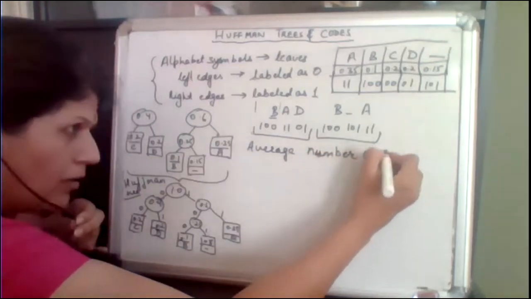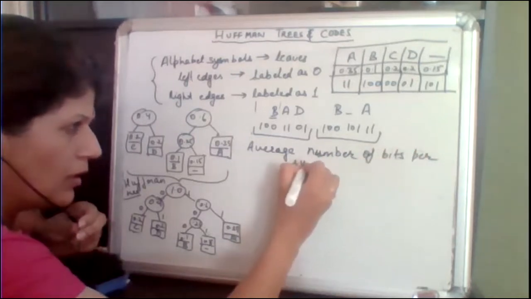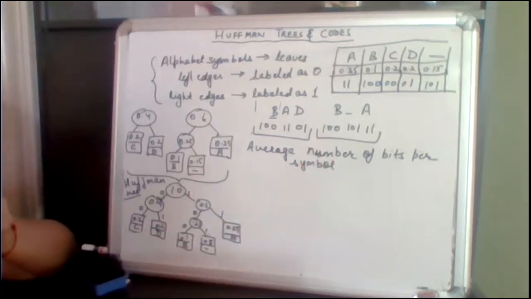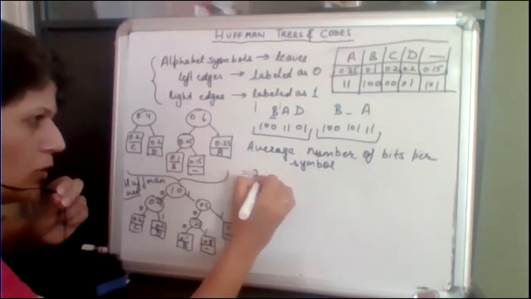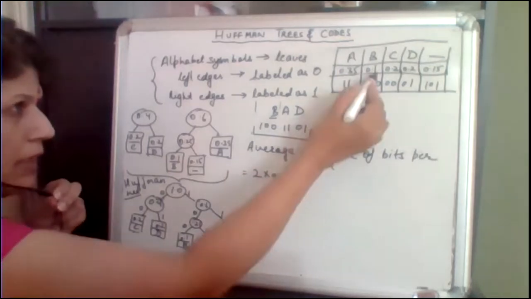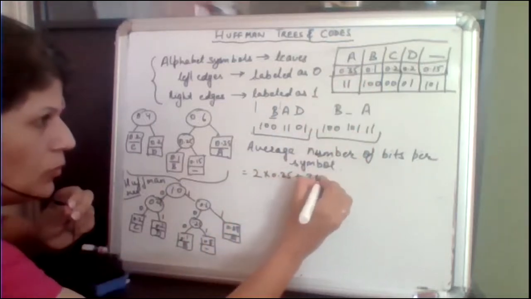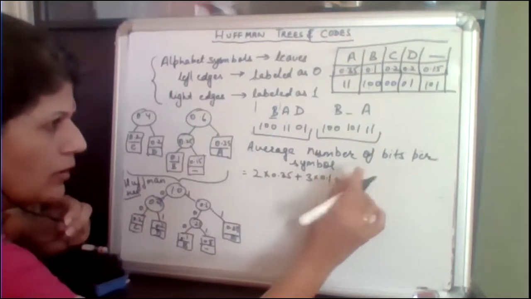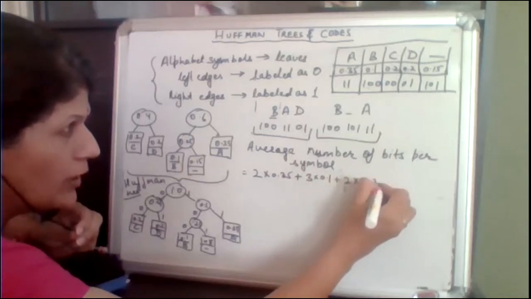So what we are calculating here is the average number of bits per symbol. This will be equal to 2 into 0.35 plus B, which has 3 bits, into 0.1, plus C, which is appearing with 2 bits, so 2 into 0.2.